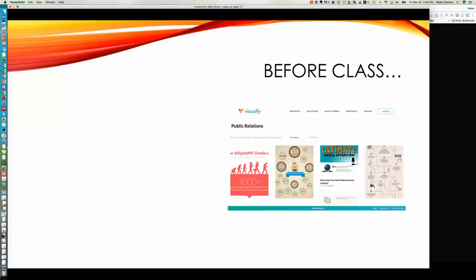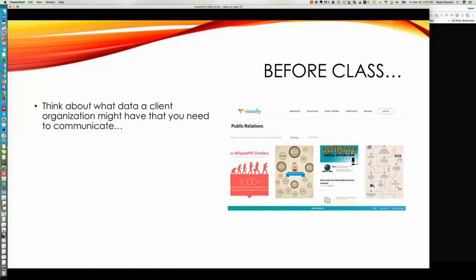In thinking about what you want to do before you come to class on Tuesday, I want you to think about what kinds of data, what kinds of information might you need to depict? If you work for a client or an organization and you're a public relations person, what kind of information might that organization have that you would then be required to turn into some sort of data visualization?